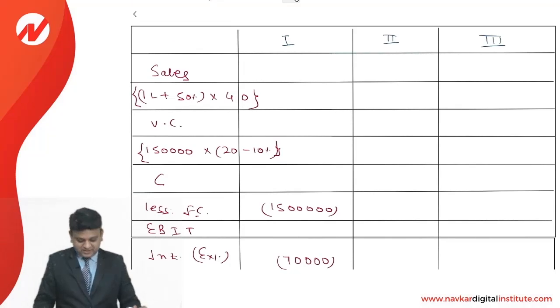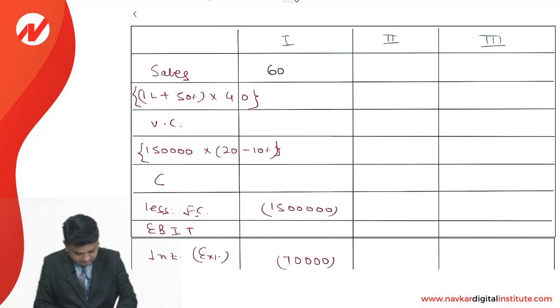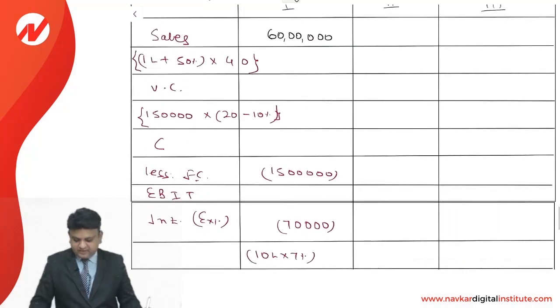So let us start with the working. 1 lakh plus 50,000, 1 lakh 50,000 into 40 selling price. That will give us the sales value, an amount of rupees 60 lakhs. Now again 1 lakh 50,000 into 18, that is variable cost.